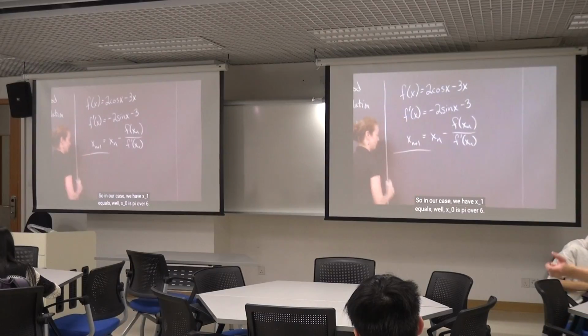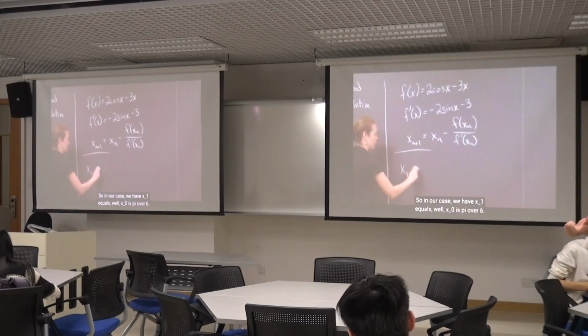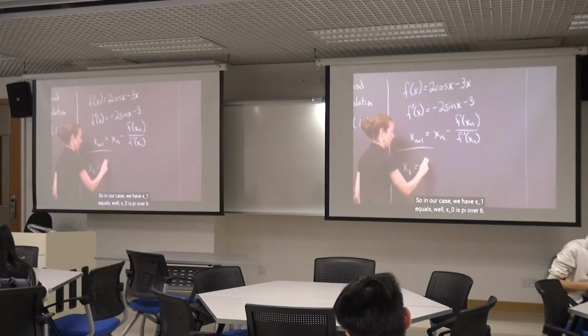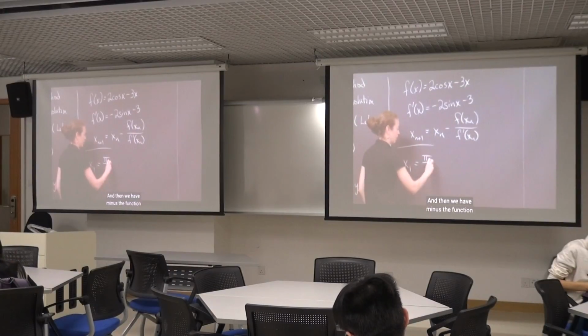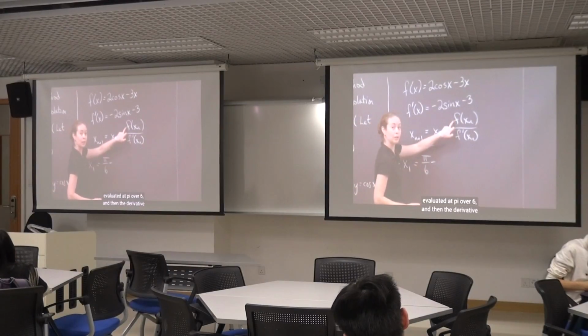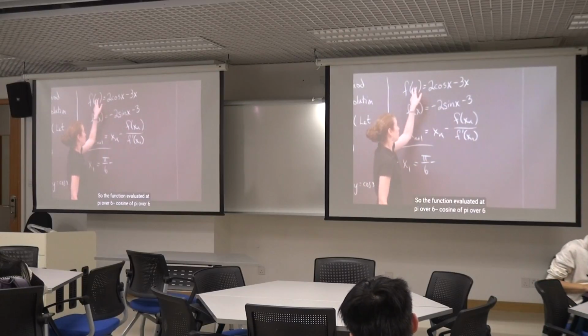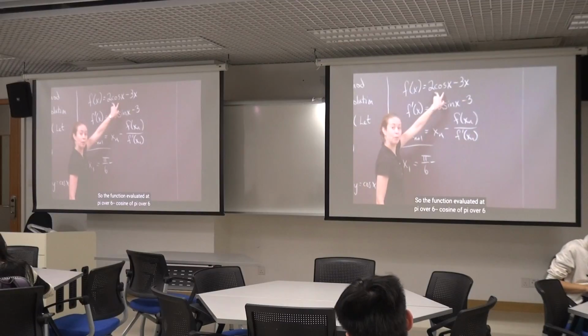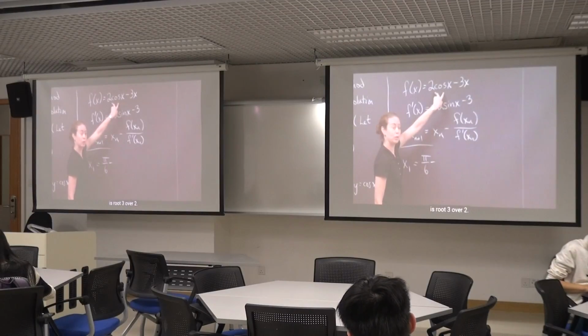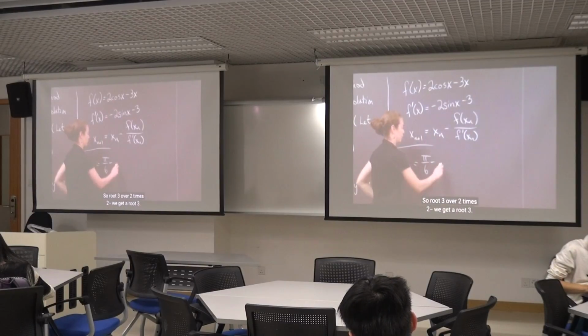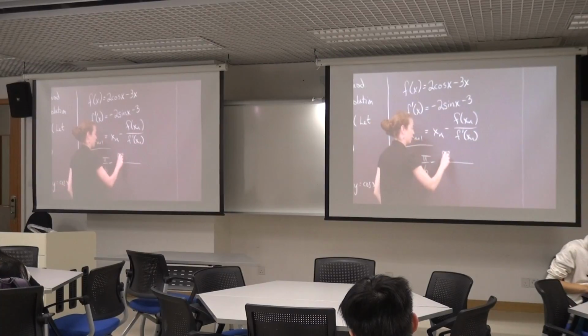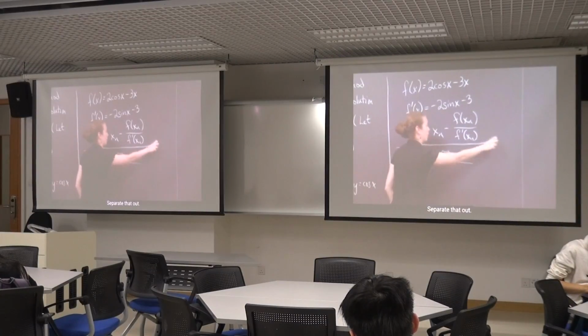So in our case, we have x1 equals, well, x naught is pi over 6. And then we have minus the function evaluated at pi over 6, and then the derivative evaluated at pi over 6. So the function evaluated at pi over 6, cosine of pi over 6 is root 3 over 2. So root 3 over 2 times 2, we get a root 3. Separate that out.